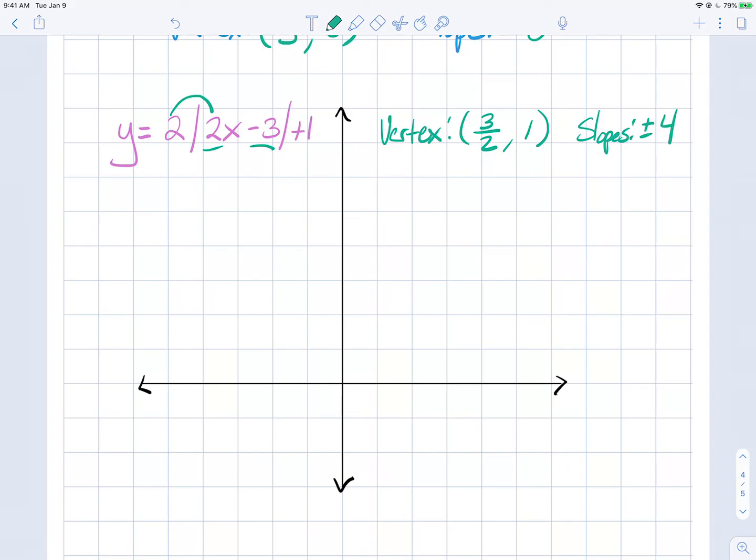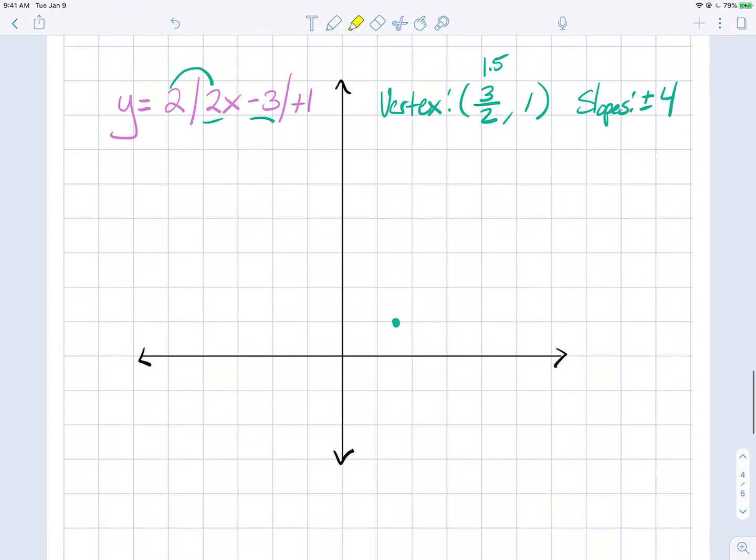So 3 halves is just 1 and a half, so 1.5. So I'm going to go over to 1.5 and up to 1, and I'm going to put my dot. And then I know my v is going to be going uphill, so I'm going to go up 4, 1, 2, 3, 4 over 1. Here's my first dot. And for the other side, up 4, left 1. Here's my other dot, and then there is my v.